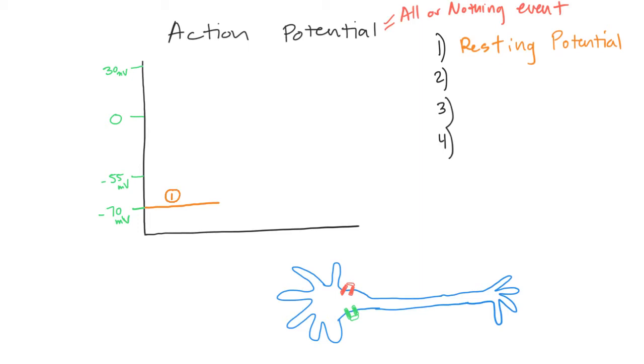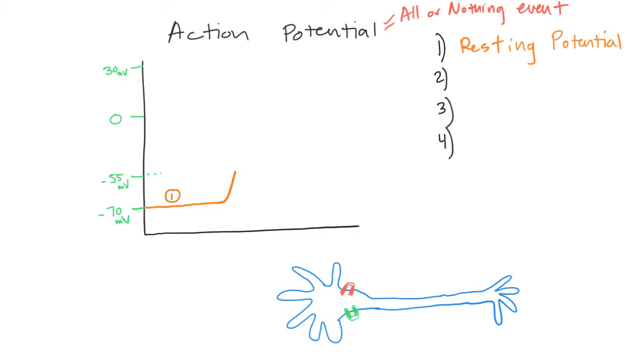What happens is you have some sort of stimulation of those 3 types, mechanical, voltage, or chemical, which causes positively charged ions to flow into the cell, which is going to make the cell less negative.